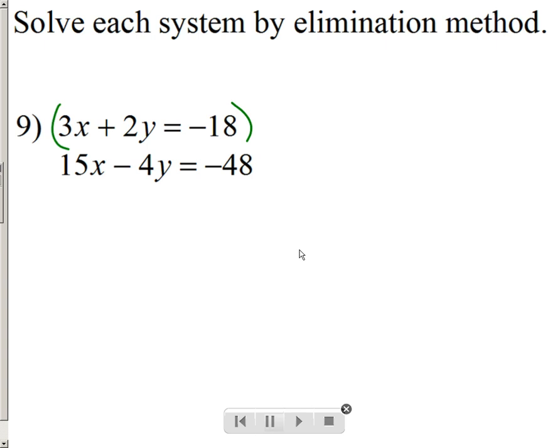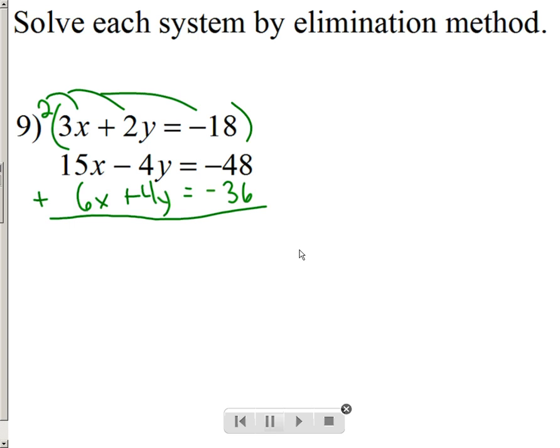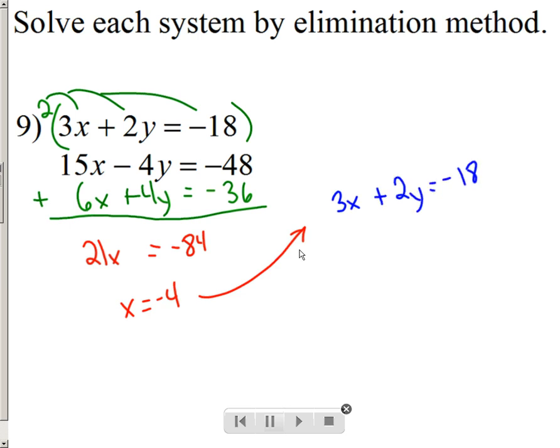All right, same thing, elimination method. I'd like to knock out the y, so I'm going to make that top equation into a +4y, so I multiplied it by +2 as a result. We're ready to go through and solve. To get the second variable, go back to the original equation, or one of the original equations, pop in what you know.